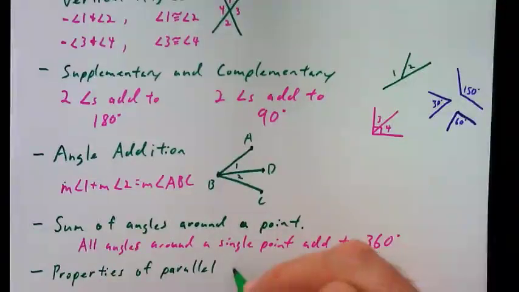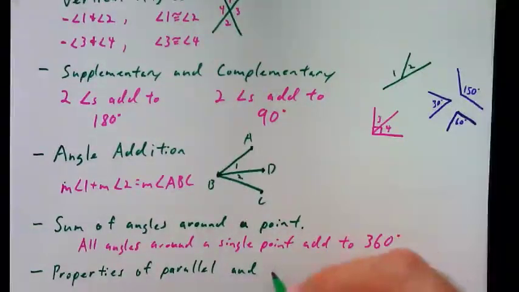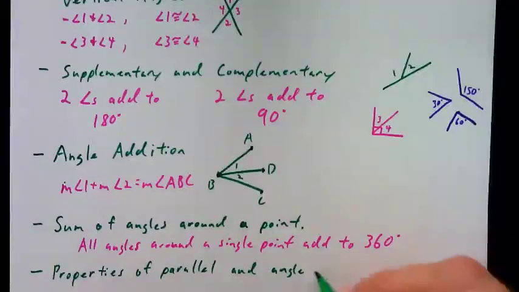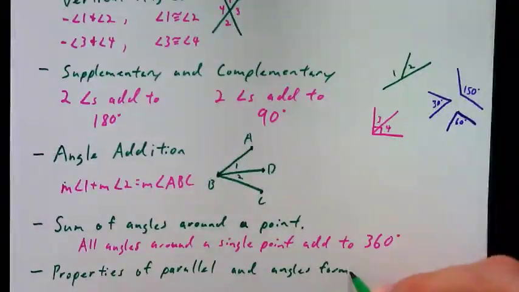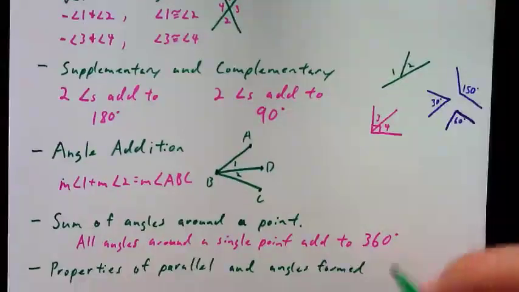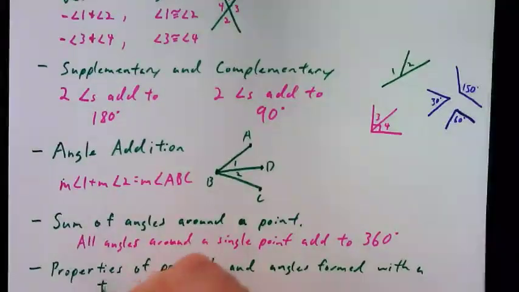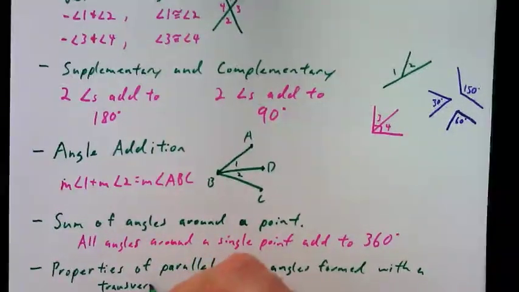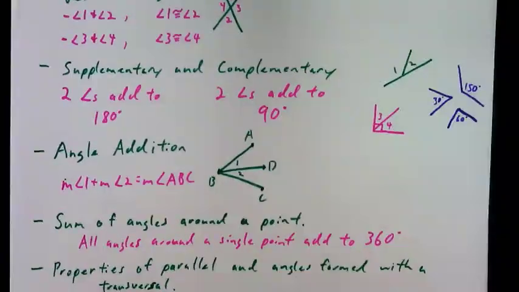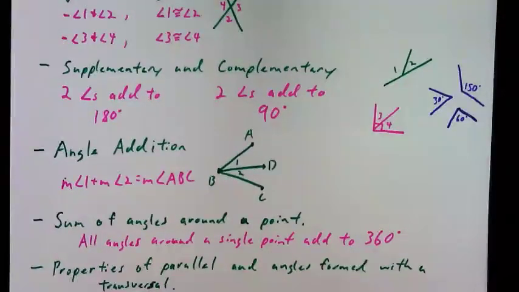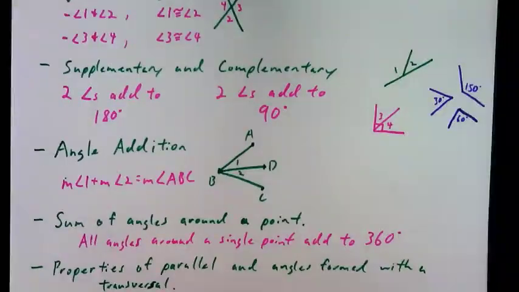Properties of parallel lines and angles formed with a transversal. So, I'm sure everybody in here that's been in geometry, either this year or previous years, has seen this diagram before.